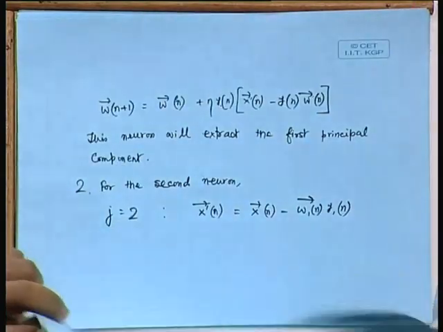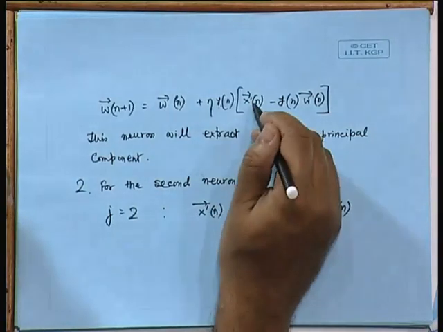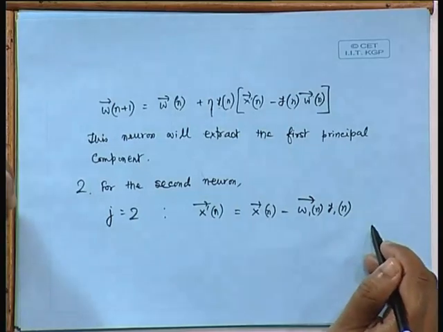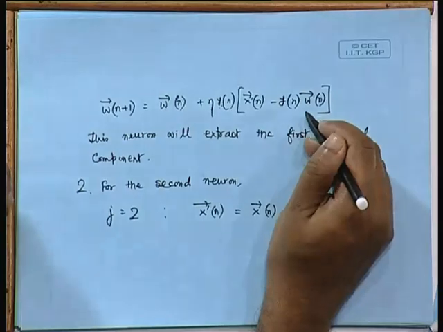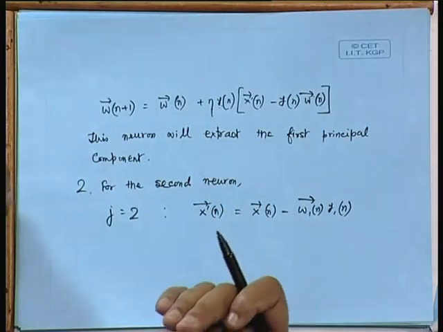So, we are considering that the new expression for x prime n for j is equal to 2 is this term, from which we have to subtract y2n w2n, and y2n w2n is the thing which we are now going to refer to as the new yn wn. Okay. Anybody having any difficulty in following the result?